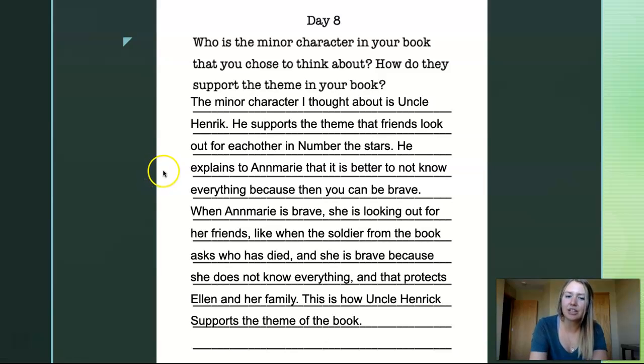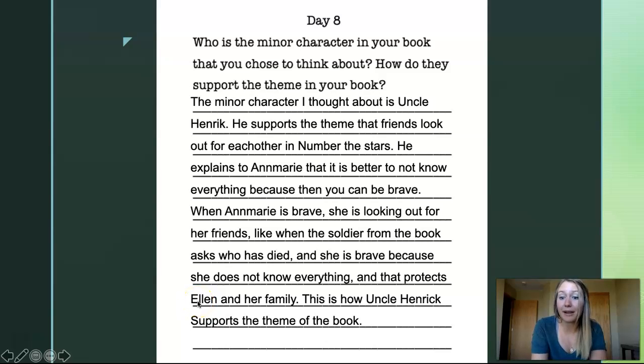And then Anne-Marie took that thinking, that Uncle Henrik helped her to understand and realize. When she was talking to the soldier in the house who came to the funeral, she was able to be brave and lie about the fact that Great Aunt Bert died because she didn't know everything, right? And so it's easier to be brave when you don't know everything.